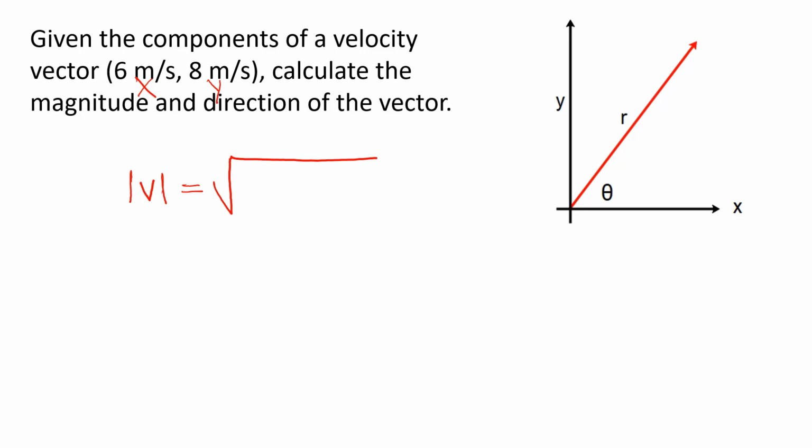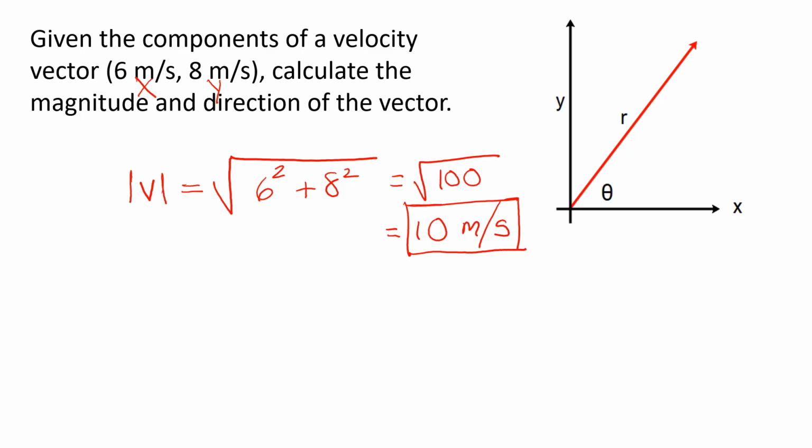So the magnitude of the velocity vector is the square root of 6 squared plus 8 squared, which is the square root of 100, which is 10. And it's going to have the same units as its components. So this is 10 meters per second right here.